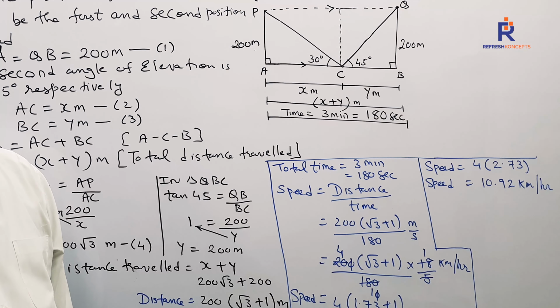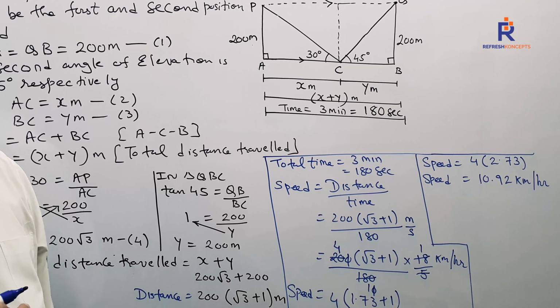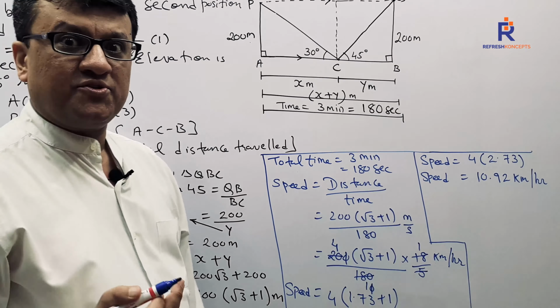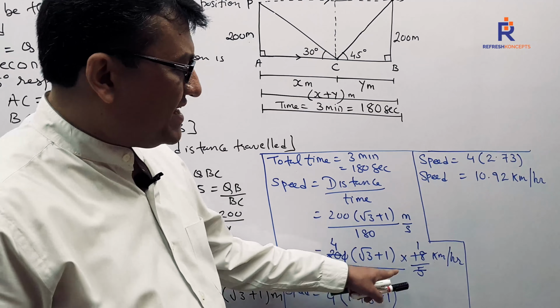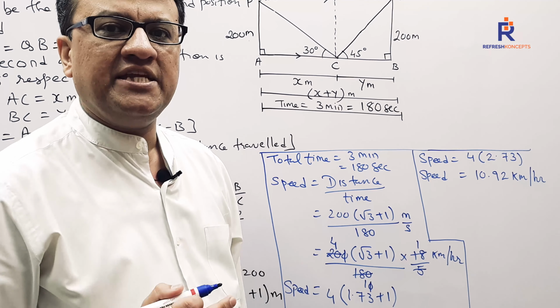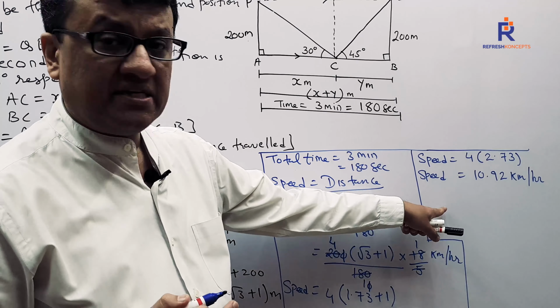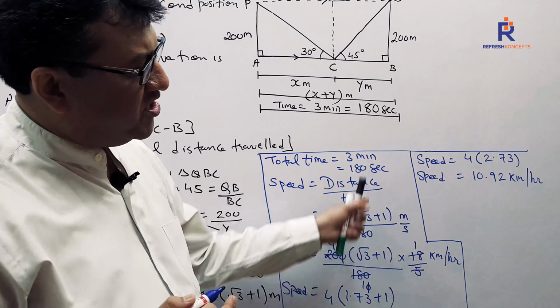Now I know there are many students right now who are asking themselves, and might have a question for me, that sir, how did you get this figure 18 by 5? You just now said to simply multiply by 18 by 5. Children, I have an explanation for the same right now, but I just wanted to finish off my sum first.